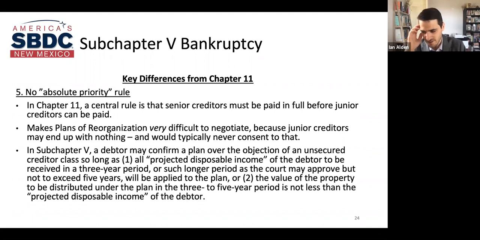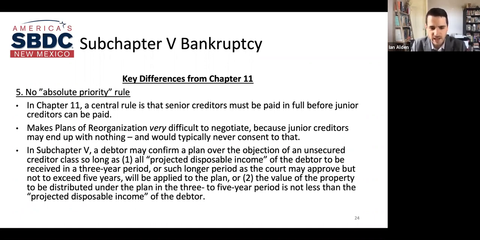So here's an example of how that plays out. If your business has property, assets, whatnot, that are expected to appreciate over that period of time to be worth more than the net disposable income of the company, you can pledge those assets instead. It's a little wonky doing a plan of reorganization with distributed assets or property, but it does happen sometimes. So it gives you a little bit of flexibility in figuring out how to pay these creditors, particularly if this is a compelled cram down plan of reorg.